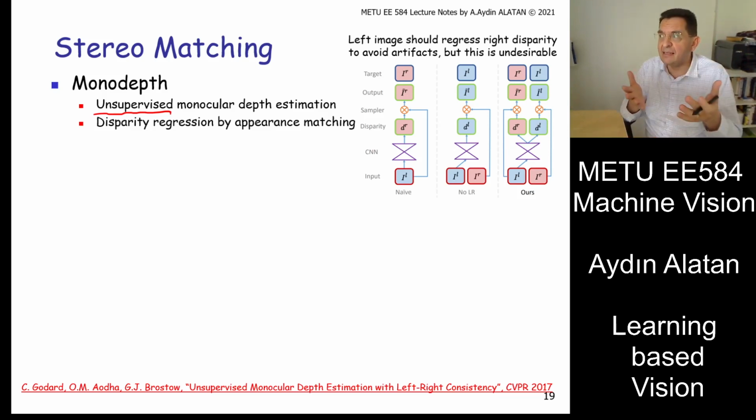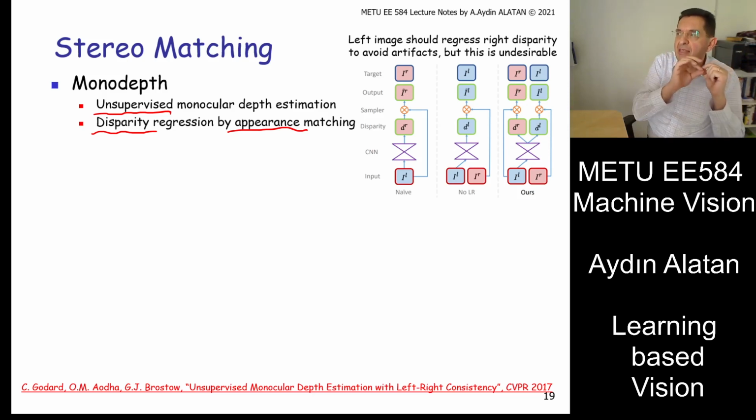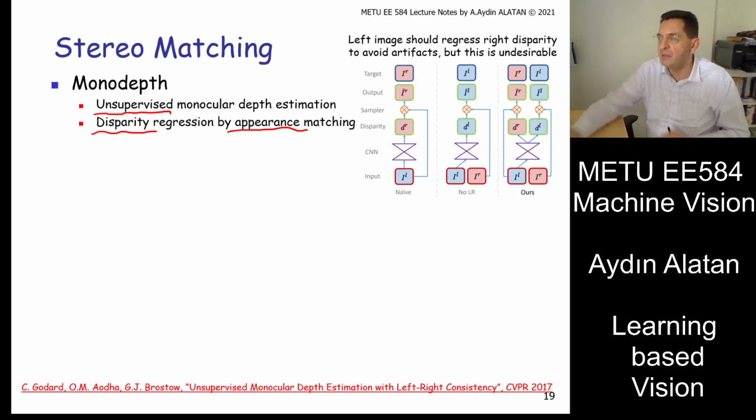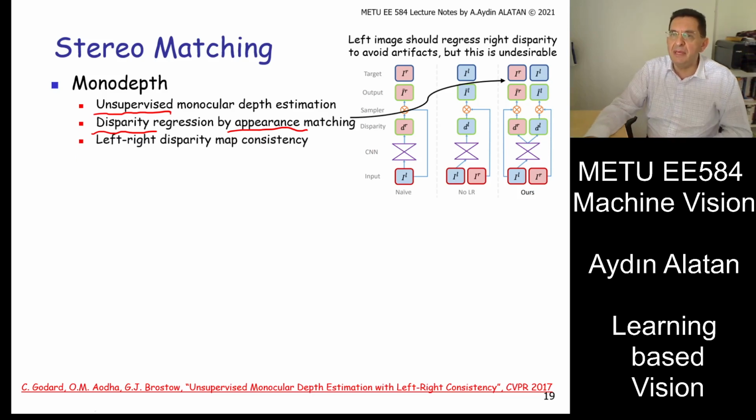And this algorithm only uses that stereo camera inputs to train their own system without any ground truth. Okay, therefore, our regression estimation of the disparities are only by using appearance matching. Okay, therefore, the correct disparity should match the intensity on the left image with the corresponding pixel on the right, or vice versa.